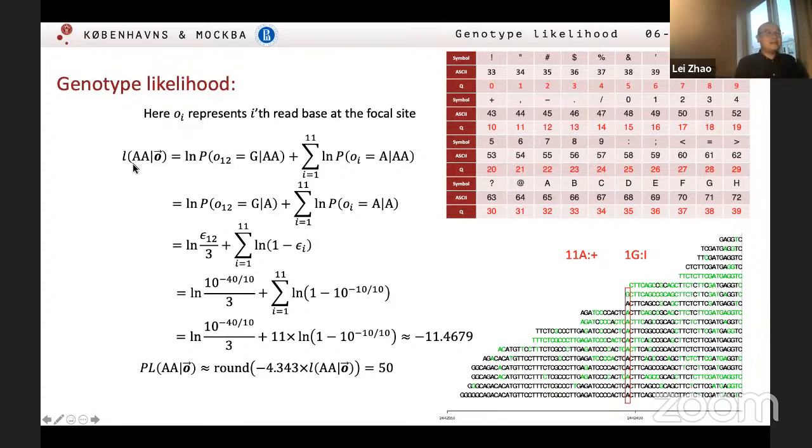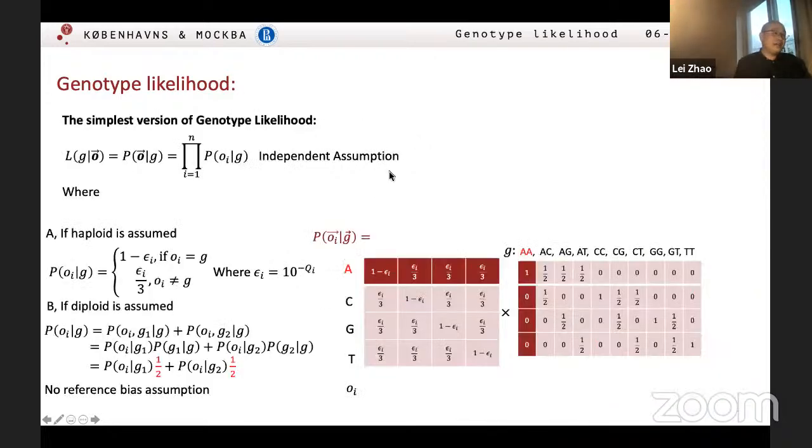And we want to calculate the likelihood of this. Previously, we defined the likelihood as a multiplication, but because I use the little l, what I mean here is a log likelihood. So we just add them together. And because the genotype is homozygous, because we now calculate the homozygous AA, so remember our previous calculation, there's a half and half. But suppose this is AA and this is also AA, the values are the same.